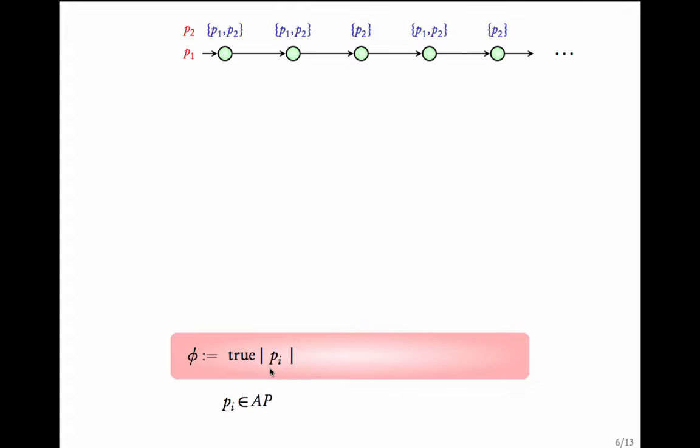Every atomic proposition is also an LTL formula. In the sense here, P1 would be an LTL formula, P2 would be an LTL formula. When does a word satisfy P1? You look at the first letter in that word, and if that first letter contains P1, then this entire word is said to satisfy P1.